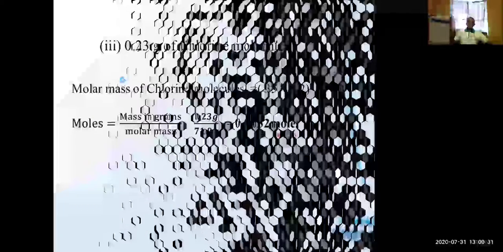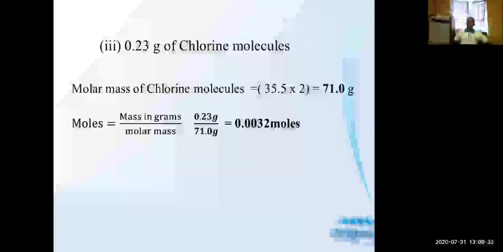Again, calculate the number of moles in 0.23 grams of chlorine molecules. Here it is now chlorine molecules, and a molecule means it is diatomic. The molar mass of a chlorine atom is 35.5, and a molecule is made up of two chlorine atoms, so you multiply by two and get 71.